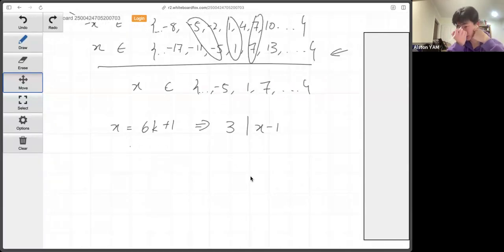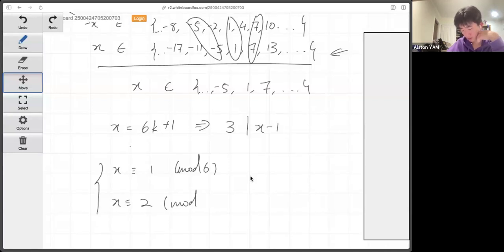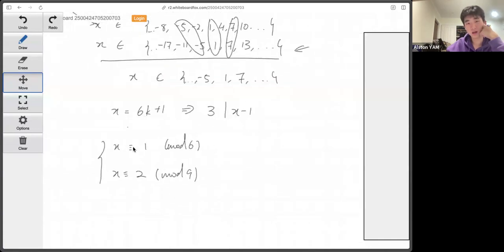And then there's one final case I want to talk about, and that will be this set of congruences. x congruent to 1 mod 6, and x congruent to 2 mod 9. And you can replace 2 here with anything as long as it's not 1 mod 3.